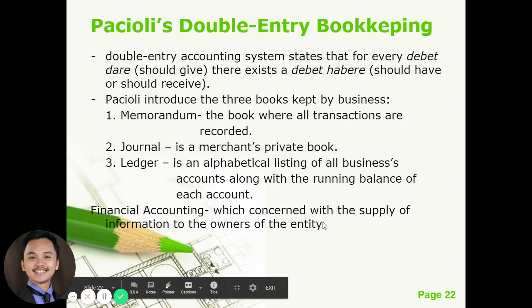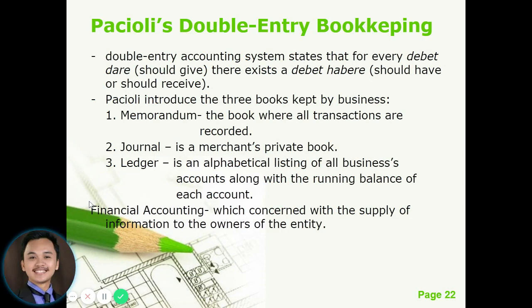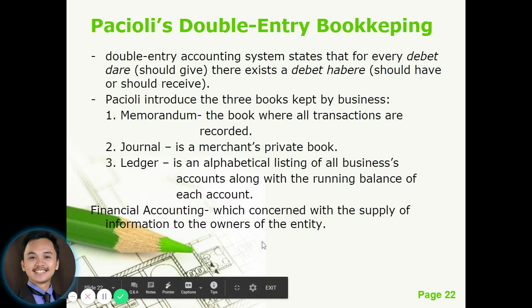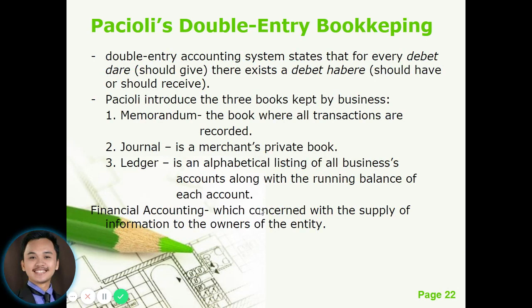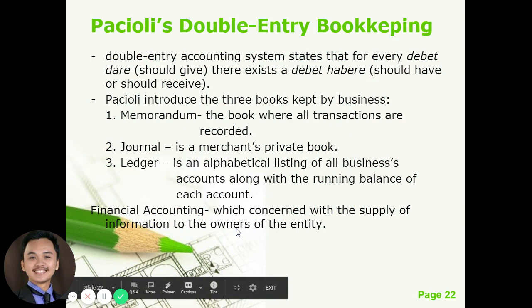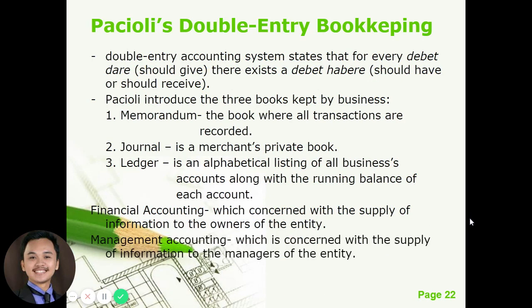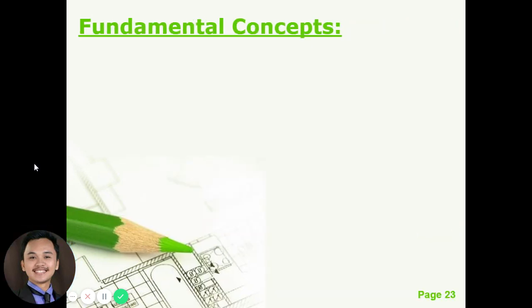So financial accounting is concerned with the supply of information to the owners of the entity. We have different branches of accounting, but in this subject, we are assuming ourselves to be financial accountants, meaning we are preparers of financial information this time. Management accounting, as well, is concerned with the supply of information to the managers of the entity.